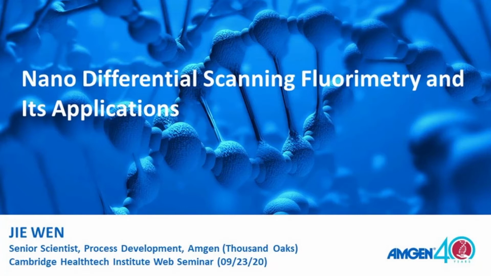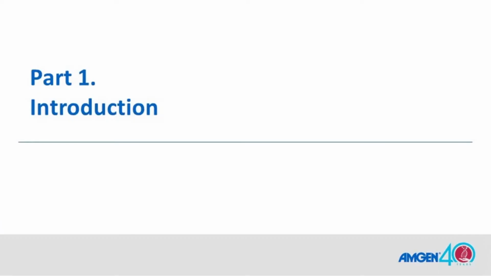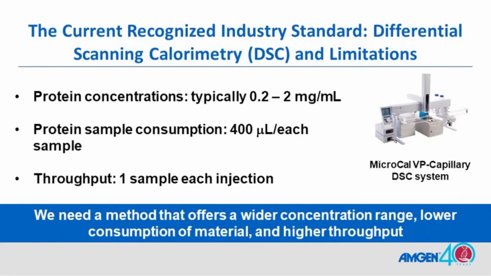Today, I'm going to talk about nano-differential scanning fluorimetry and its applications. Take a look at part 1, introduction. Before I show you nanoDSF, I would like to mention the current industrial standard, differential scanning calorimetry, DSC, and its limitations. For DSC, the protein concentration used is typically around 0.2 to 2 mg per ml.